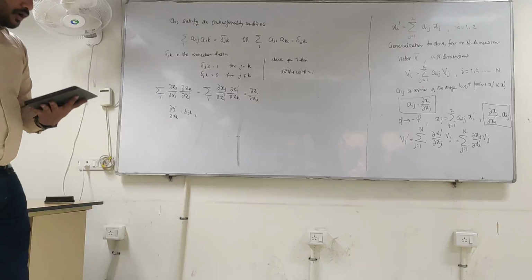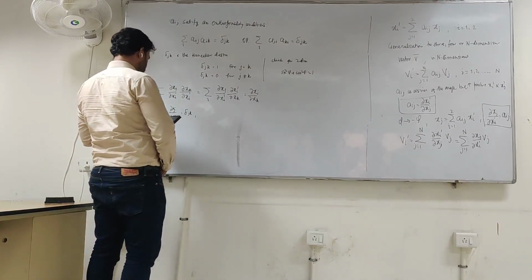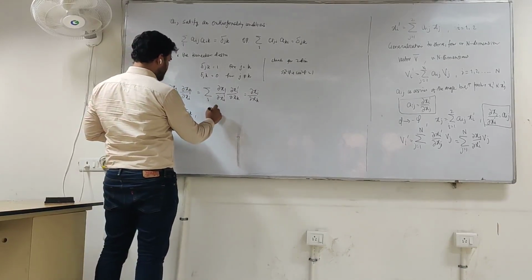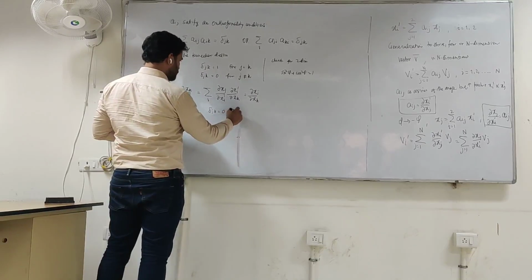That is the condition for orthogonality. Now this clearly shows that delta jk is equal to 0 when j is not equal to k.